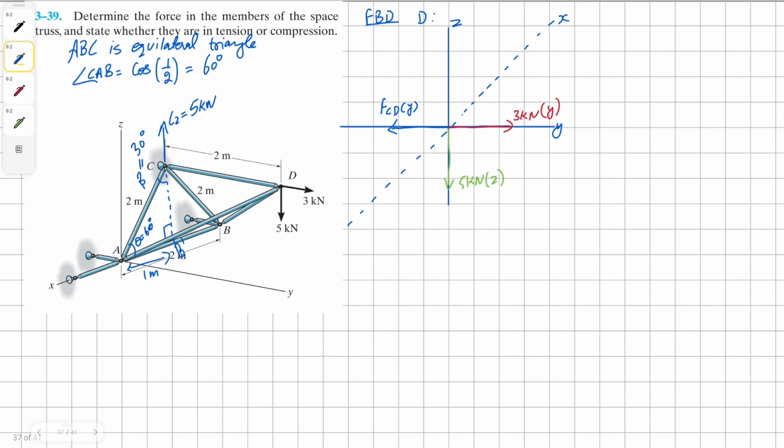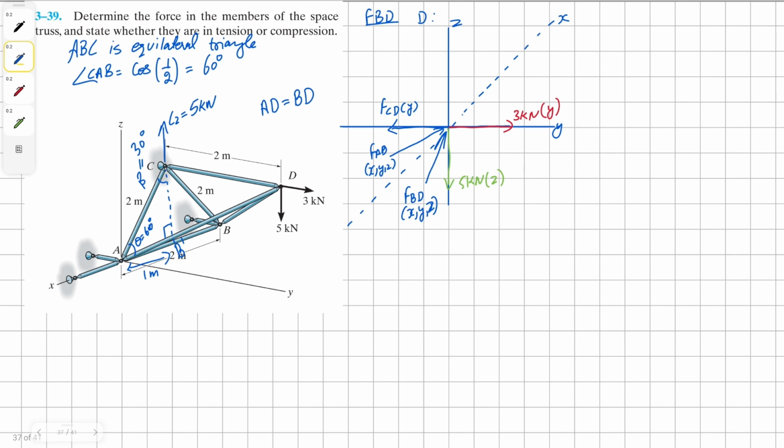Then we have our unknown AD, and it's projecting along all the axes, and so is BD. And because this truss is symmetrical, we know that our AD and BD are similar.